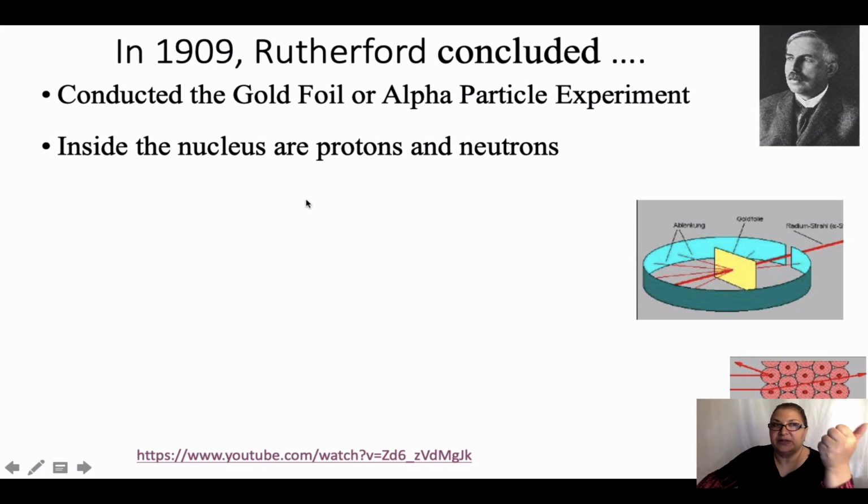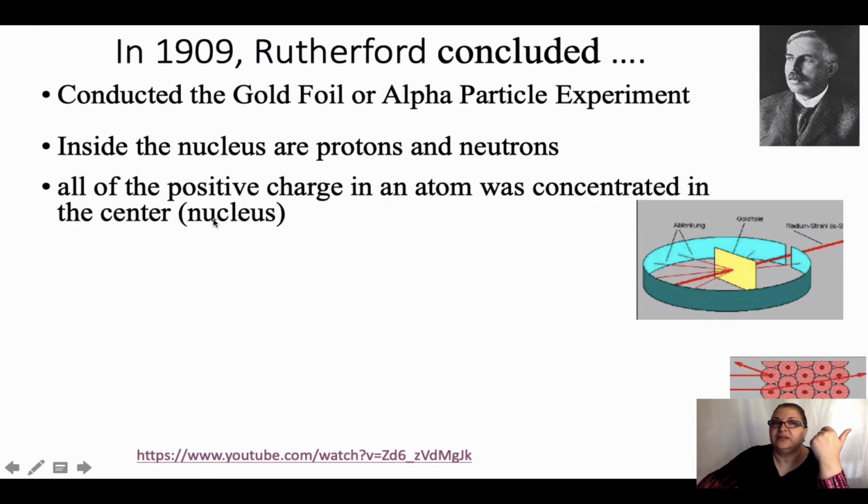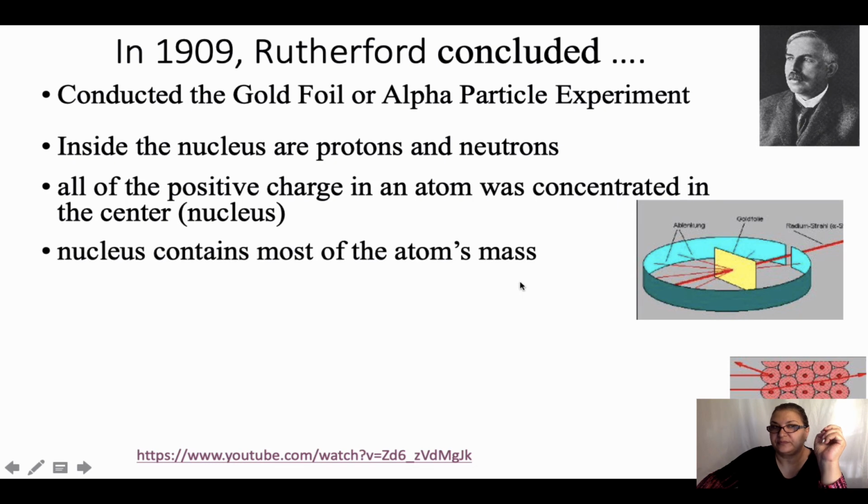So he concluded that inside the nucleus there are protons and neutrons, and all the positive charges are concentrated in the nucleus. The nucleus contains all the mass.